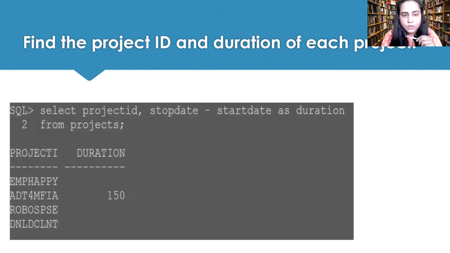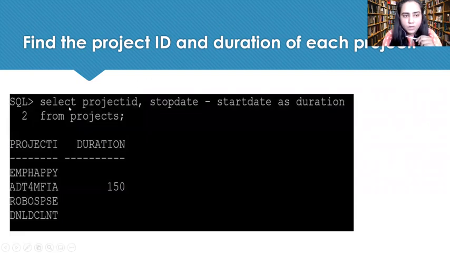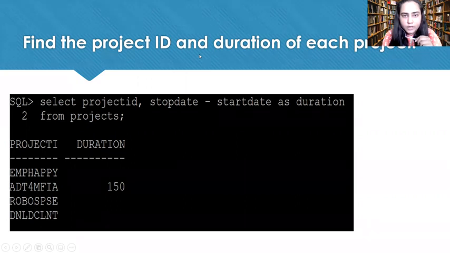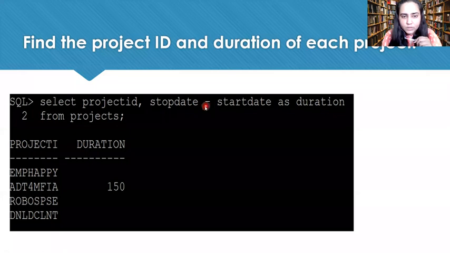And we can do that by writing this query. So we require the project ID. So we are going to write down select project ID, and then next we can mention the stop date and the start date, but we can use a minus sign. So we can write down stop date minus start date as duration. And you can see that here I'm using another keyword which is called as.